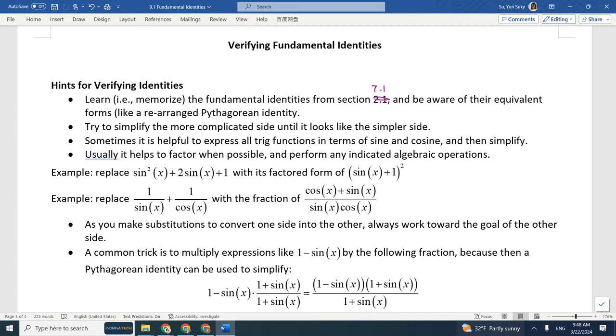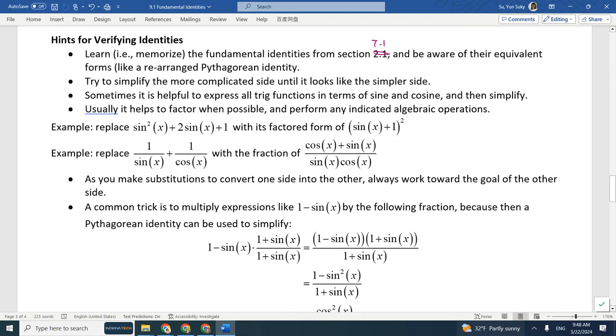As you make substitutions to convert one side into the other, always work toward the goal of the other side. A common trick is to multiply an expression like 1 minus sine x by the following fraction, because the Pythagorean identity can be used to simplify.